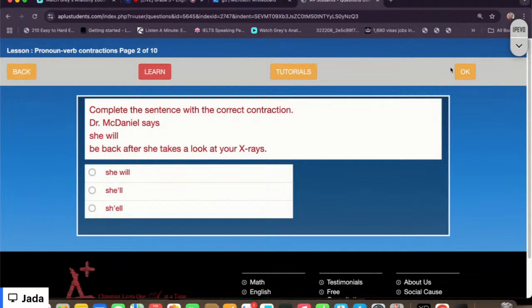So what's the contraction for this particular question? All right, so we have option 2.